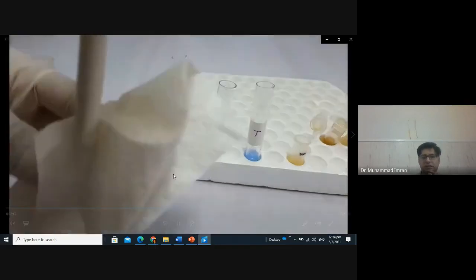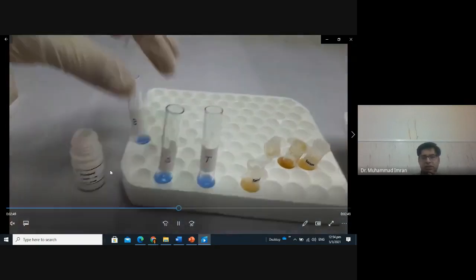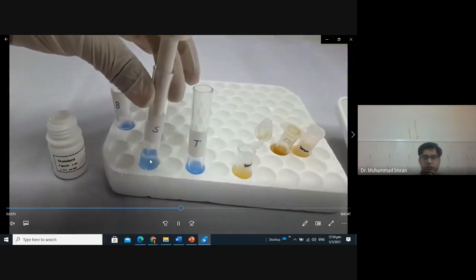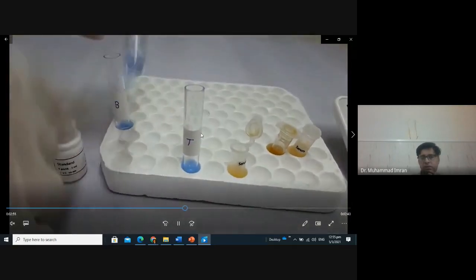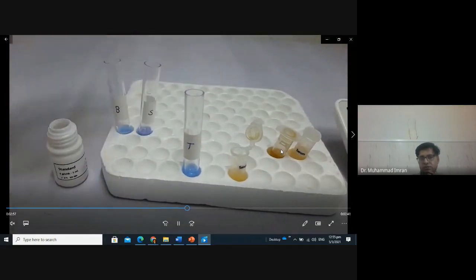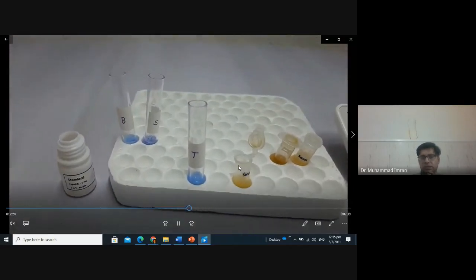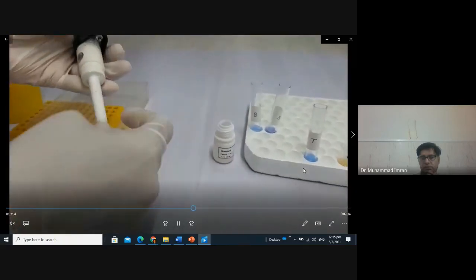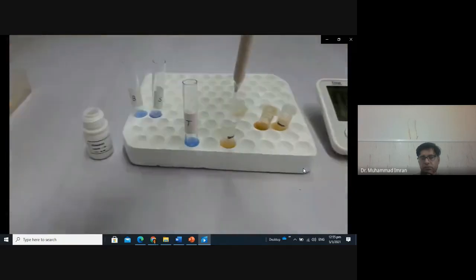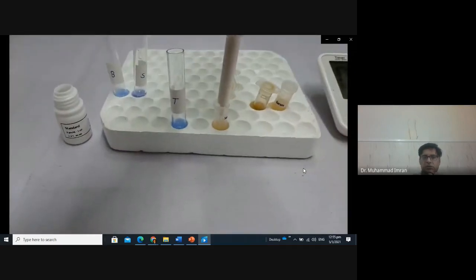Now we have added 20 microliter of standard into the standard tube and 20 microliter of serum in the test sample tube. This is your serum.